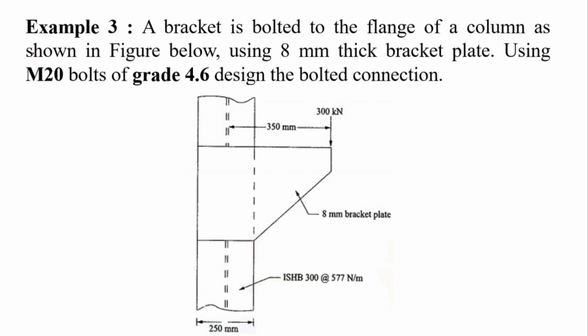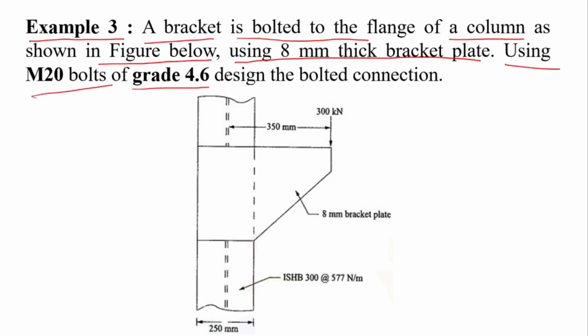So this is today's example. A bracket is bolted to the flange of a column as shown in the figure below. Using 8 mm thick bracket plate, using M20 bolts of grade 4.6, design the bolted connection.